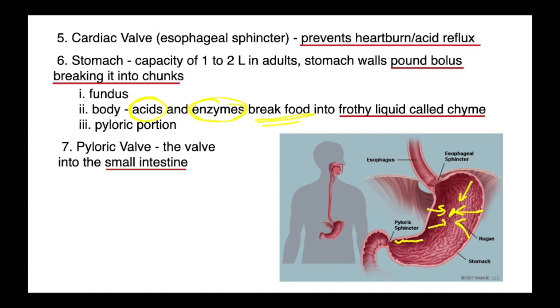If we've ever vomited, we kind of know what that feels like. Okay, so here's this chyme. And then there's another door here, the pyloric sphincter, or the pyloric valve, right here. And then now the food has gone into this, which is the first part of the small intestine.